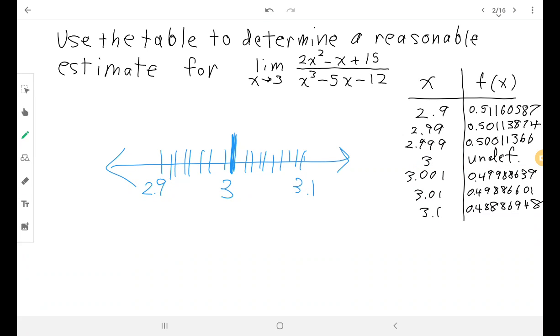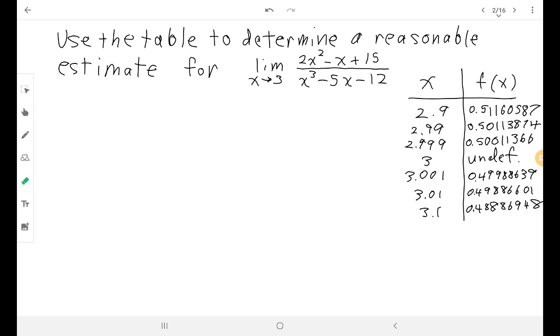So we put all these values into this table, and it gives us all these values, and what we want to do is figure out, based on the construction of this table, based on the evidence that we see over here, what sort of f of x value, that is, what sort of y value, are we approaching?